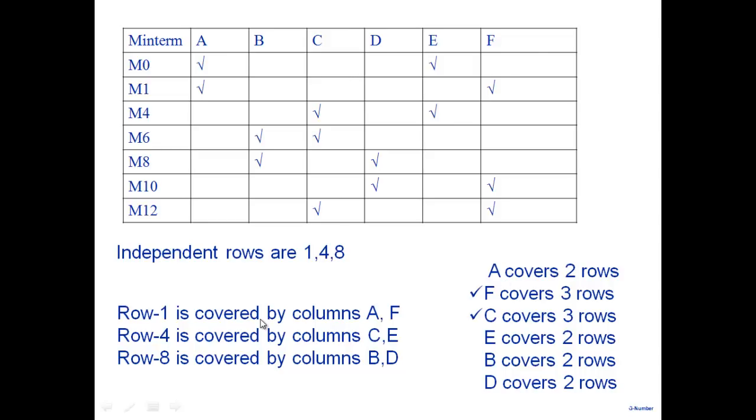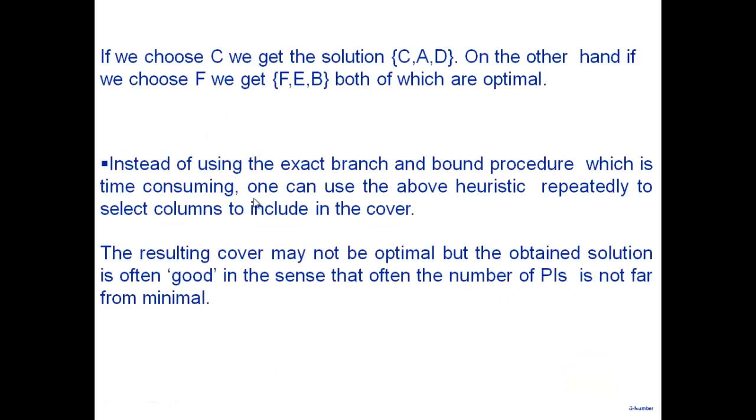This is the heuristic. So you start by looking at pairwise independent rows, then see the column which covers the most number of rows, include it in your solution, and then simplify the table.